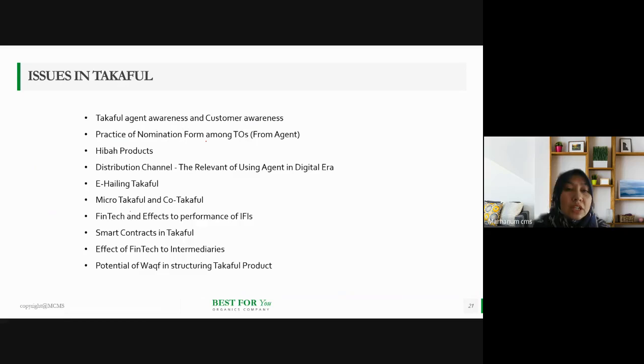Okay, so certain takaful operators don't have a nomination form at all. Other takaful operators, which is good, prepare a nomination form, meaning that the takaful participants should be aware that in case anything happens, who will receive the benefit, especially in a death scenario.